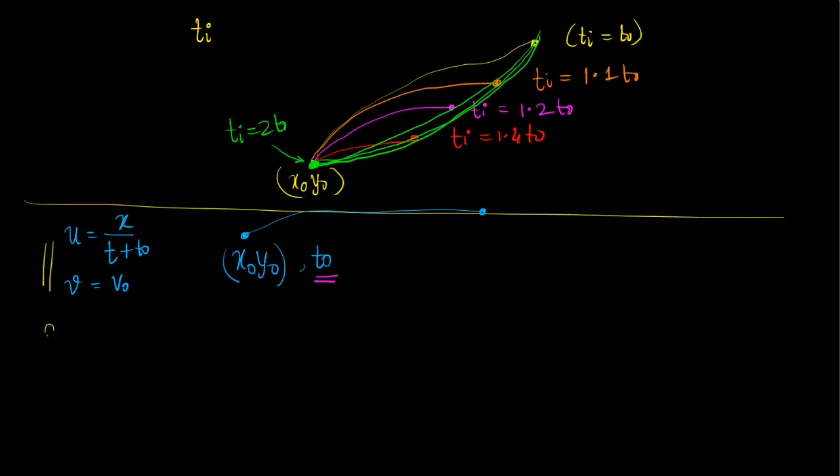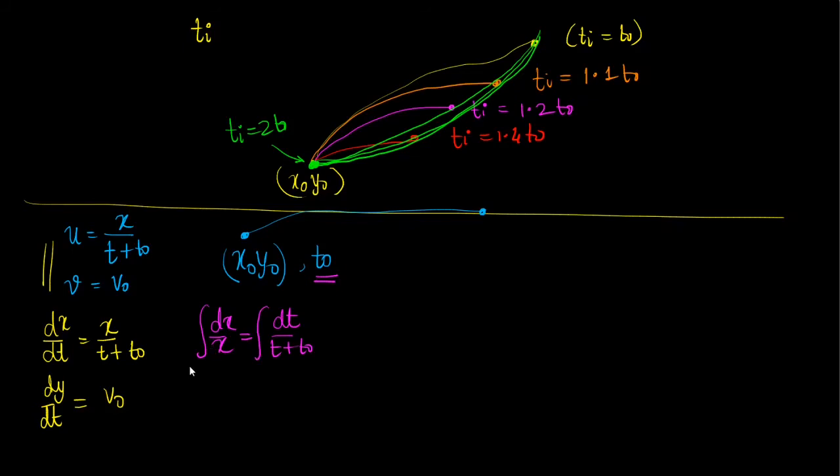So from this we have dx dt is equal to x upon t plus t naught, and dy dt is equal to v naught. So when we integrate the first equation, it is dx upon x is equal to dt upon t plus t naught. We can now integrate it going from x equal to x naught to some value of x, but now the t will go from t naught to some value of t.